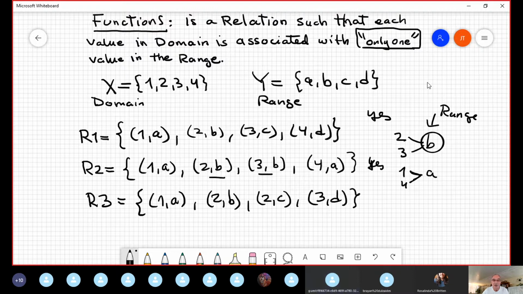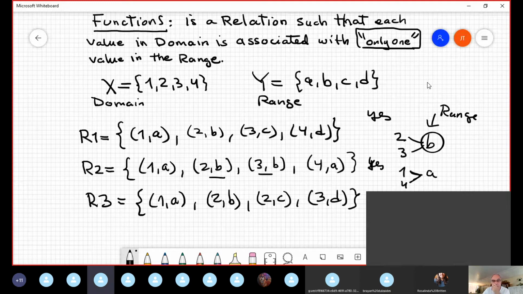Okay, now in this case, relation 3: (1, A), (2, B), (2, C), (3, D). What do you think? Function, yes or no? Why no? What is the problem? I need to understand why no. Only one in the range, no? Look at that.